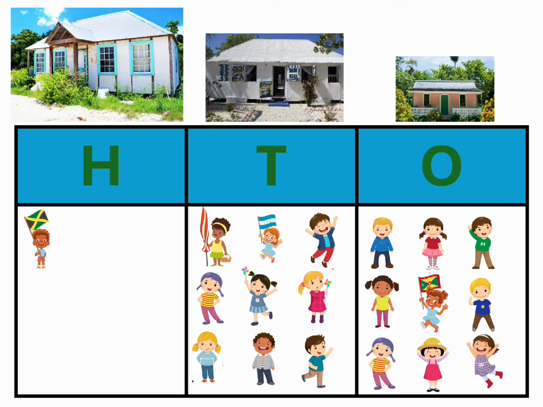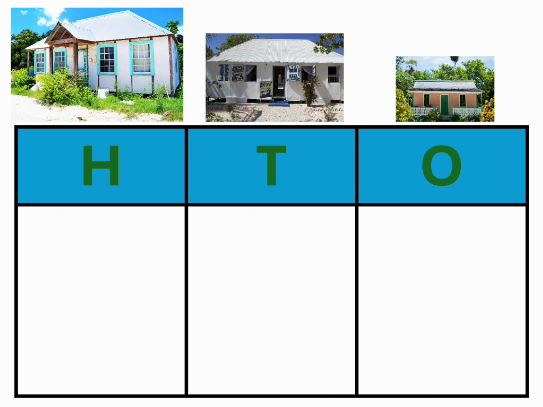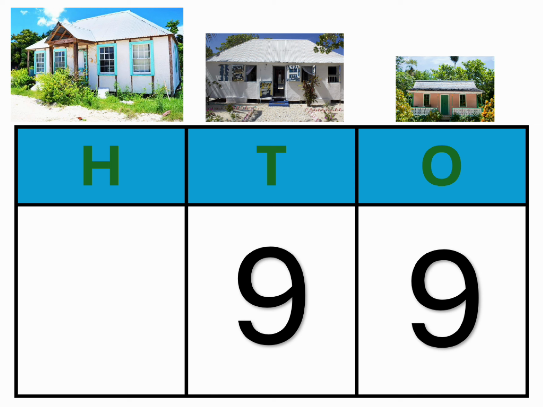And for the Hundreds house, each guest represents 100, and the Hundreds house also has only 9 guests. Remember, never forget this: 9 guests for the Ones house, 9 guests for the Tens house, and 9 guests for the Hundreds house.